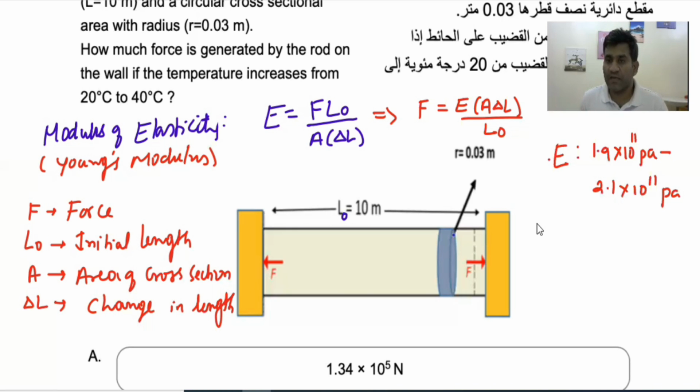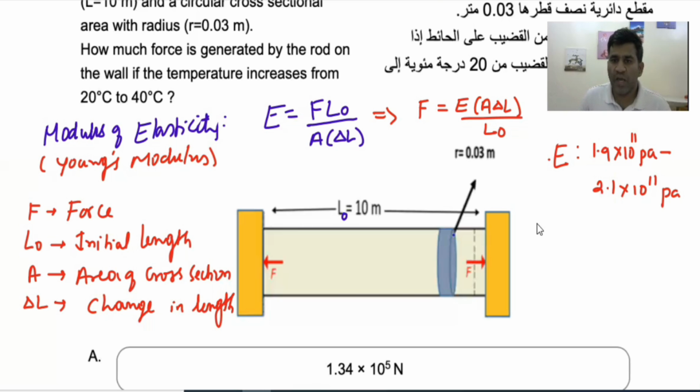Here we don't know the exact value, but in the exam, the exact value of this modulus of elasticity will be given to you. In your physics exam, the formula sheet will be provided, and all the constants and required information related to the questions are included in that. You can make use of it accordingly and solve it.